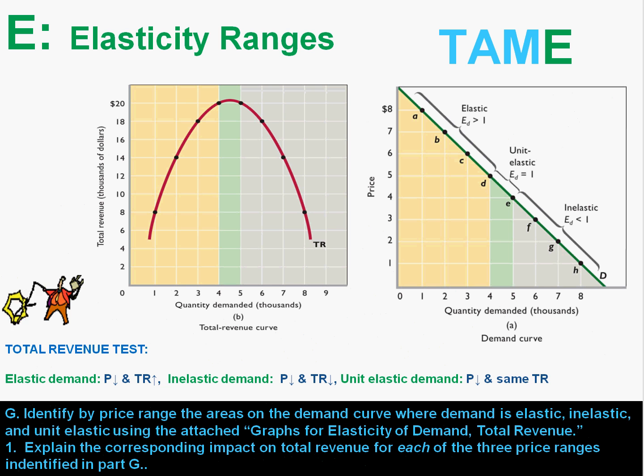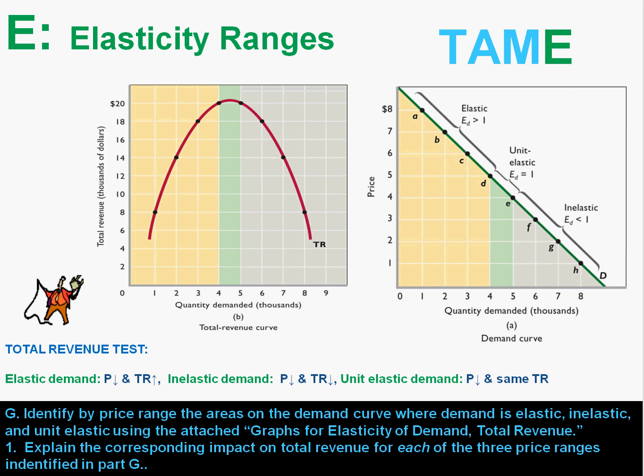Now to the E. Elasticity ranges. This is historically the most missed element of Task 2 by students, most misunderstood. I want to point you first to figure 4.3 in the McConnell text. This is where this specifically comes from.